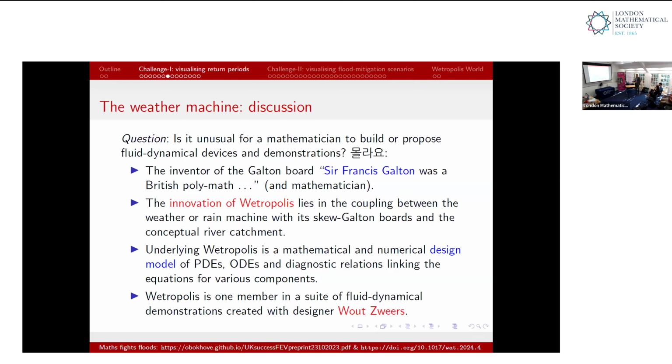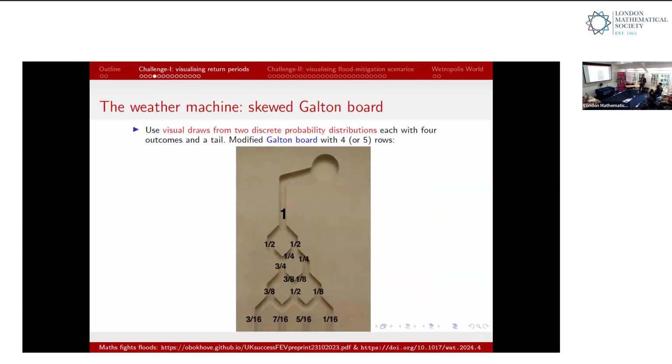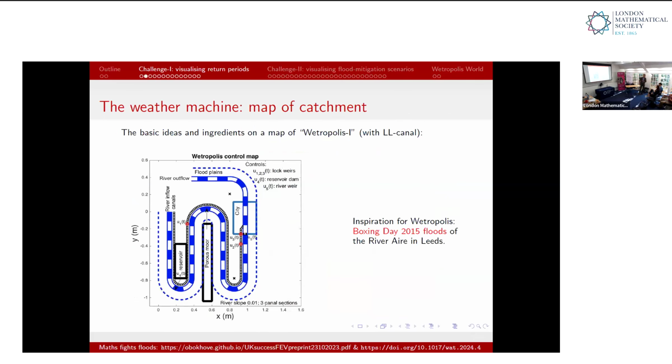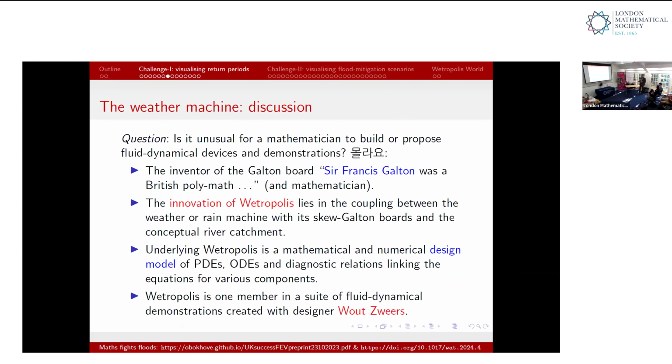Now, I'm not going to show it, but underlying Wetropolis is a mathematical and numerical design model: partial differential equations, ordinary differential equations, and diagnostic relationships, linking all the components I had sketched in this map. Before I went to the person I usually design with, the designer and artist, I first made a calculation, with a slight minor coefficient mistake.